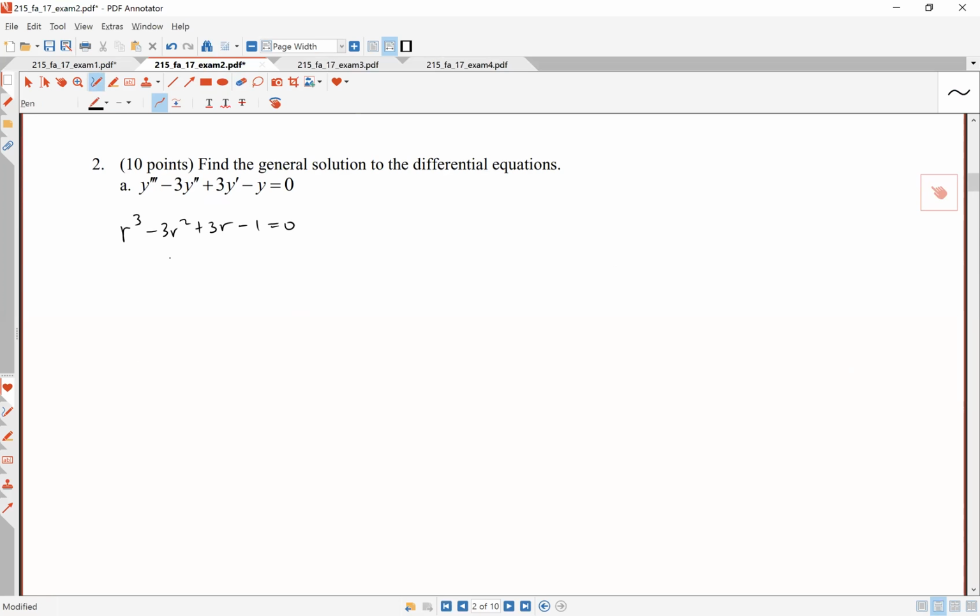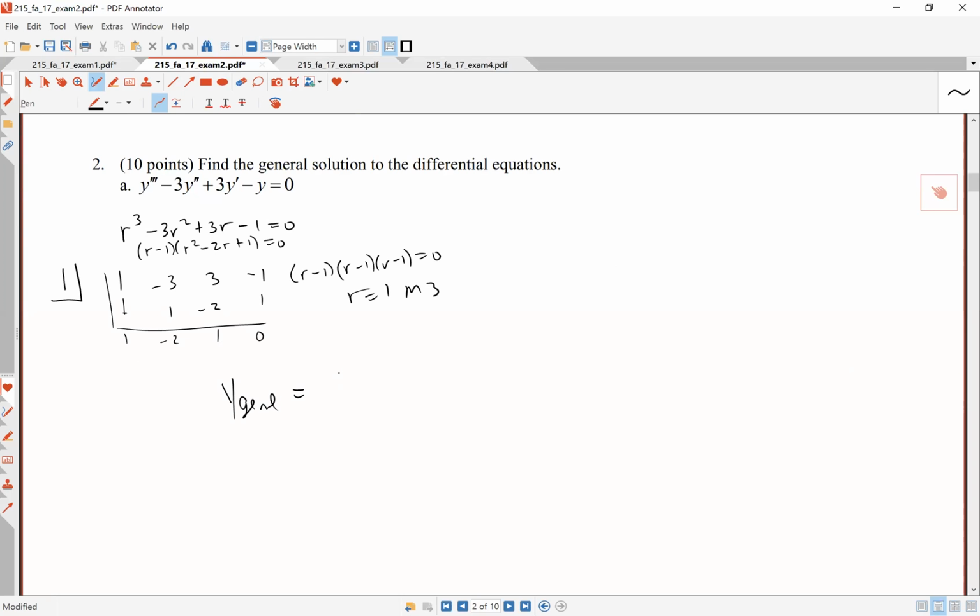All right, so if that's the case, then you try to plug in numbers like 1. 1 minus 3 is negative 2 plus 3 is 1 minus 1 is 0. So 1 is a 0 of this. So we've pulled it out using synthetic division. And so the remaining factor is r squared minus 2r plus 1. Well, that is r minus 1 and r minus 1. So it gives us r equals 1 with multiplicity 3.